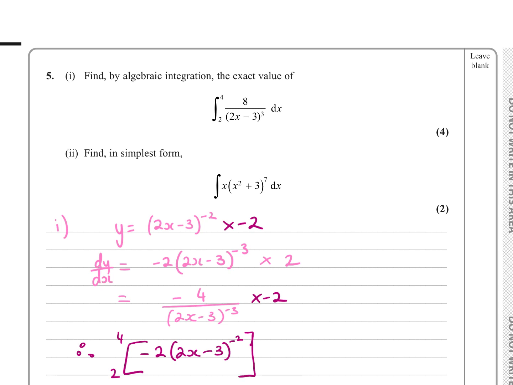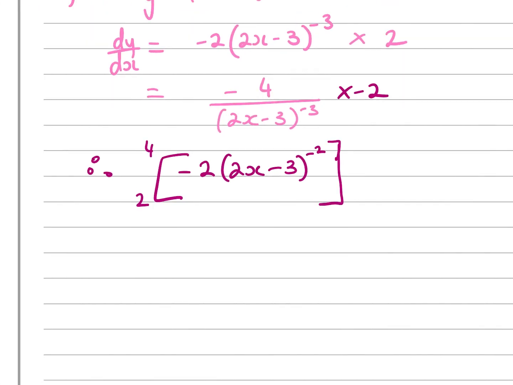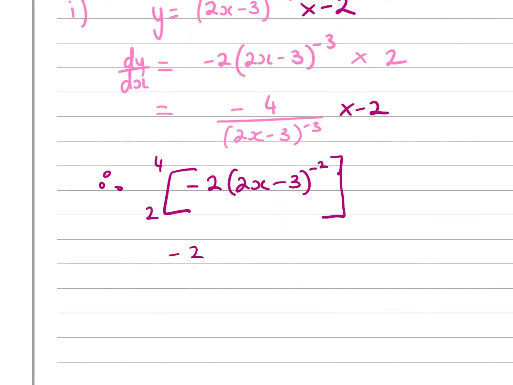Okay? So I'm going to substitute 4 in. So if I substitute in 4, I'm going to get minus 2 over 8 minus 3 squared, minus 2 over 4 minus 3 all squared.